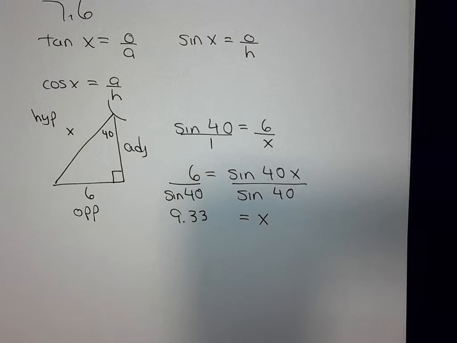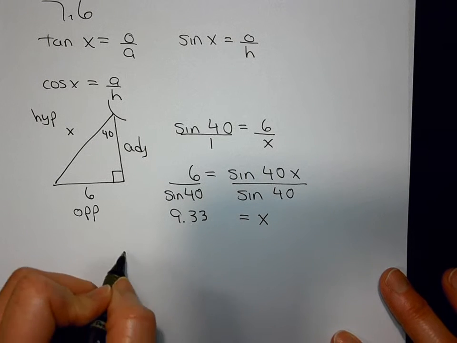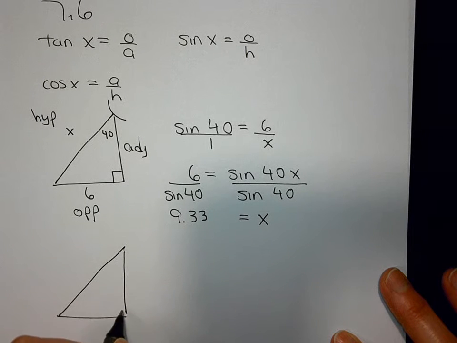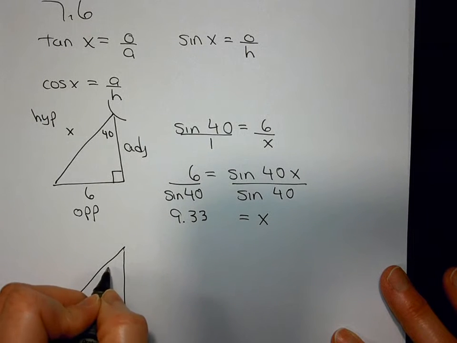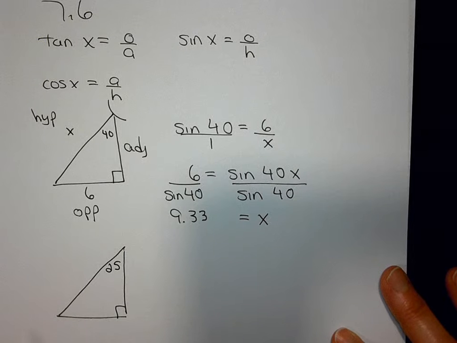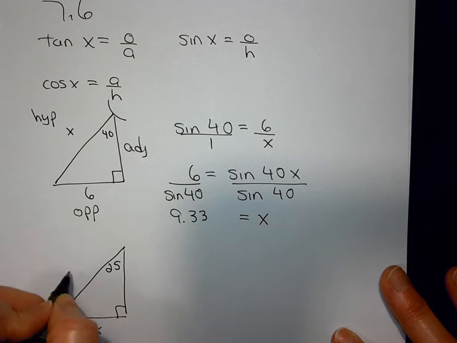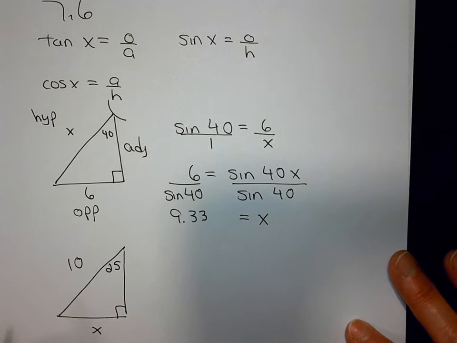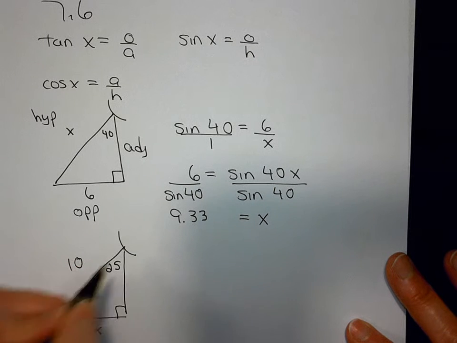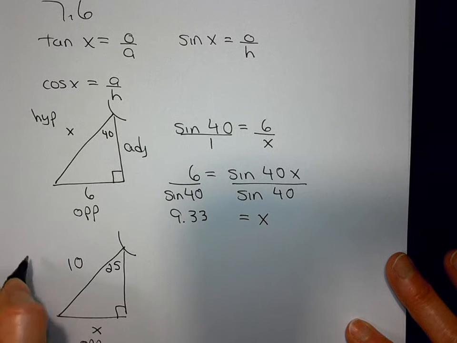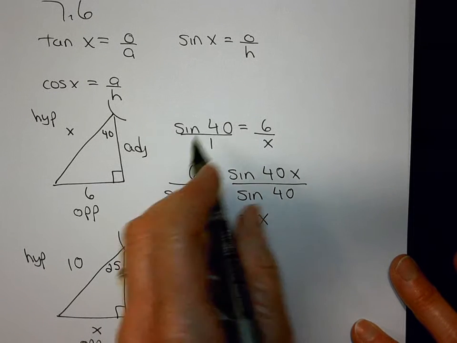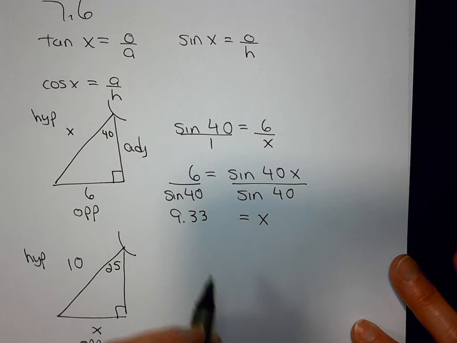So let's do this one. Okay, so same triangle, right triangles, but we're going to put a 25 up here, and now we're going to put an x here and a 10 there. Okay, so again, really the labels are the same because we're standing up here, so opposite and hypotenuse. But again, it's going to change because the x is going to be at a different place.